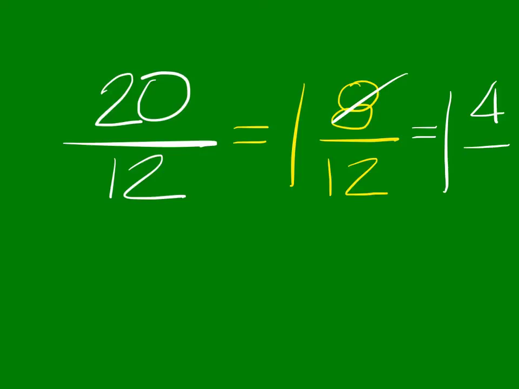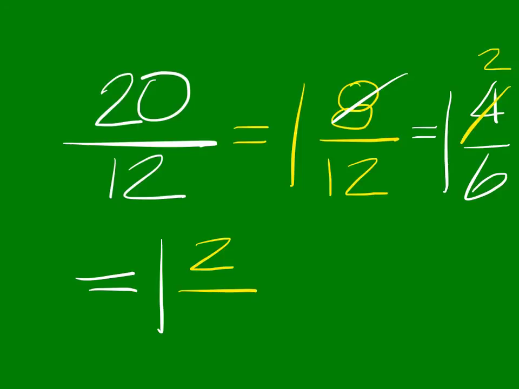And 12 divided by 2 is what? 6. Can I reduce 4 over 6? Yeah. What number goes into both of them? 2. What is 4 divided by 2? 2. What is 6 divided by 2? 3.